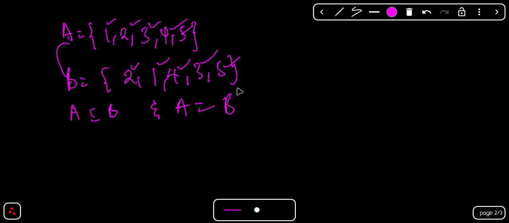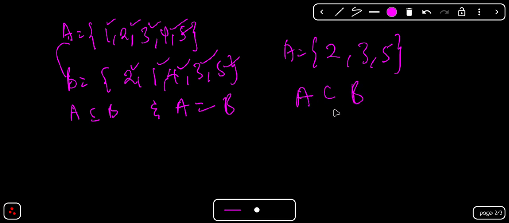And then in some cases, let's say A = {2, 3, 5}. Then we say A is a proper subset of B. What is a proper subset?